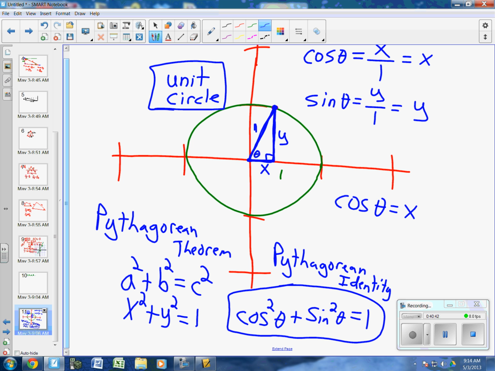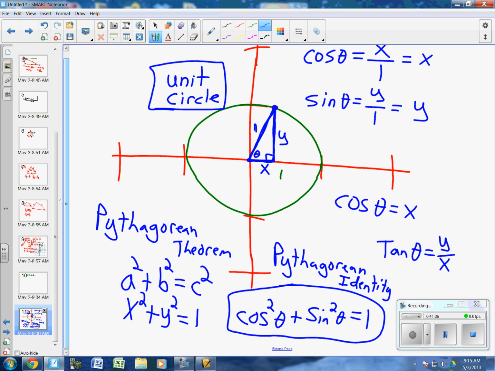Okay? We also know that tangent of theta, and look right here, here's theta. Tangent is equal to what over what? Opposite, which is y, over adjacent, which is x. Y over x, right?